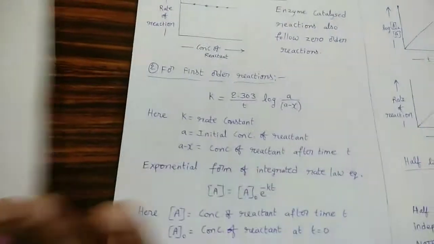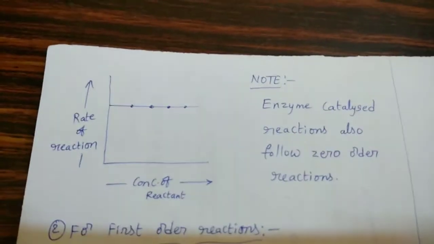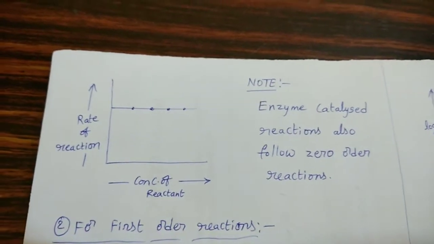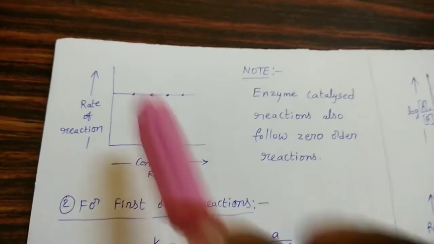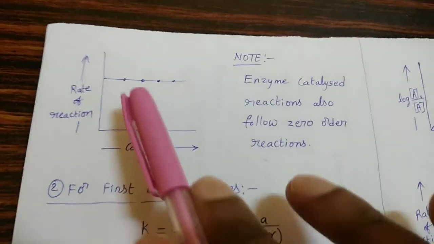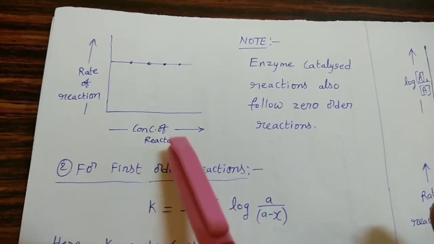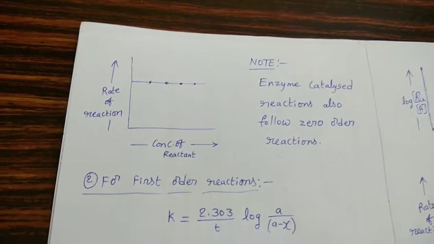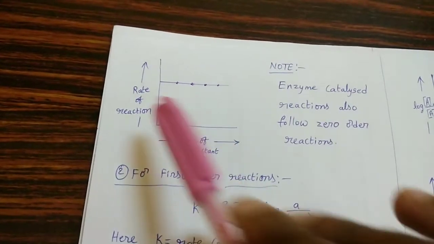Next, another graph for zero order reaction. This one is also for zero order. Here, with rate of reaction on the y-axis and concentration of reactant on the x-axis, we get a straight line. That means the rate of reaction is independent of the concentration of the reactant. Whether reactant concentration increases or decreases, there is no change in the rate of reaction.